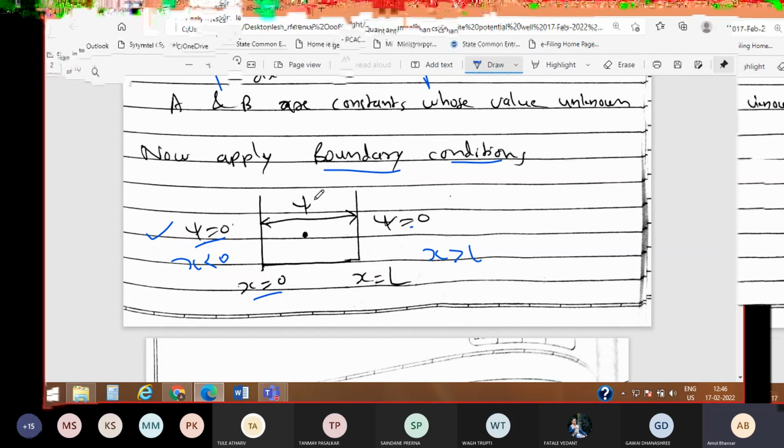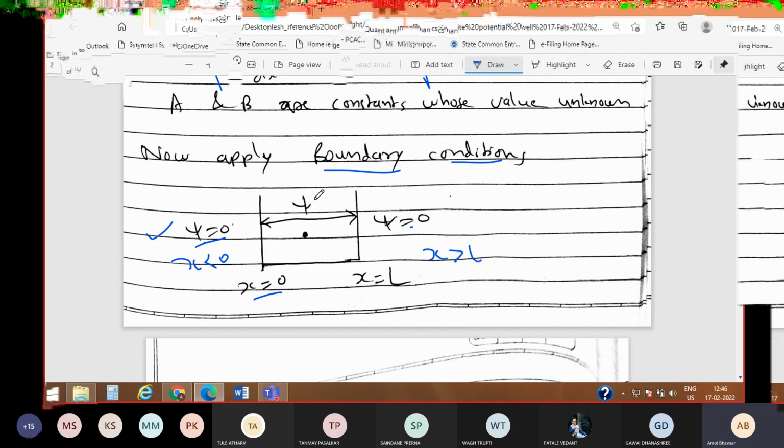So what is this value? A into sine of n pi x upon L into e raised to, this will remain as it is, e raised to minus i E into t upon h cross. So this is the equation number 4a I got here.